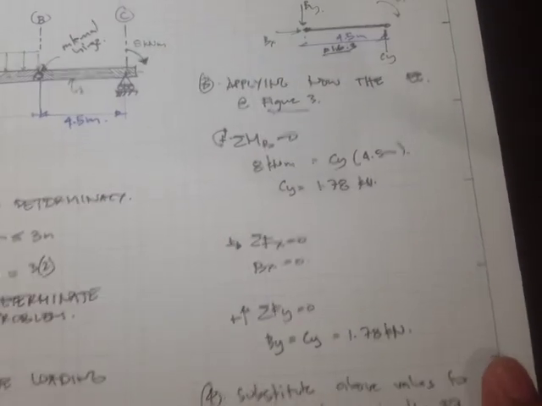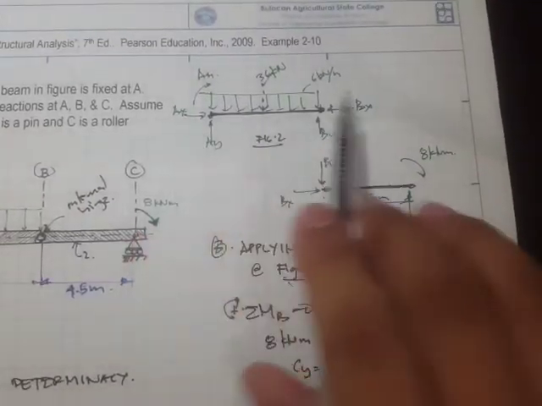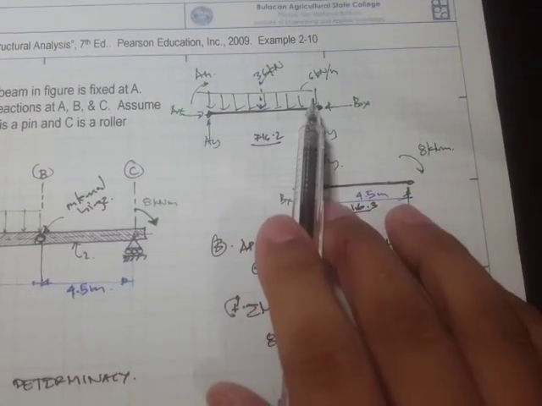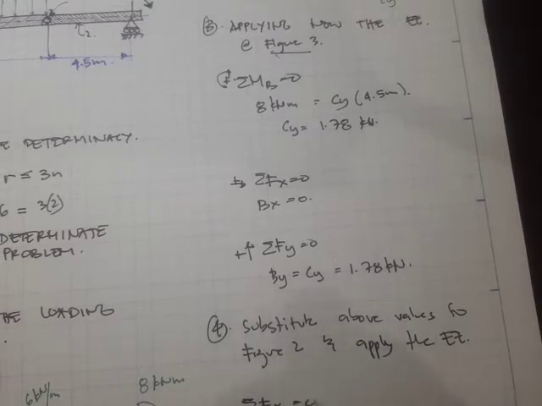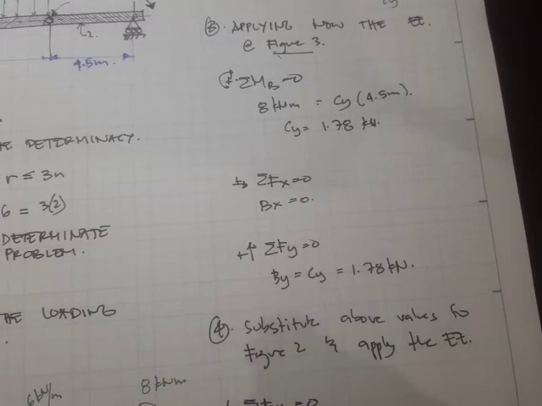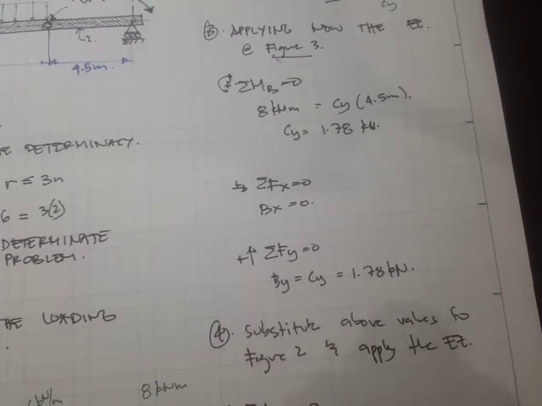Okay, so if we apply the summation of forces along x is equal to 0, that means that Ax is equal to Bx is equal to 0.